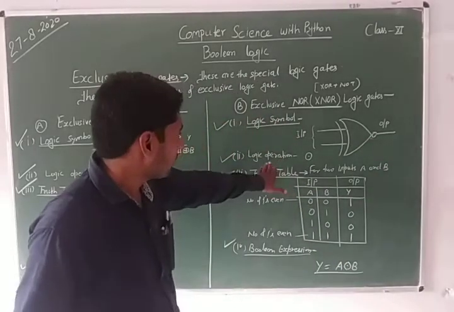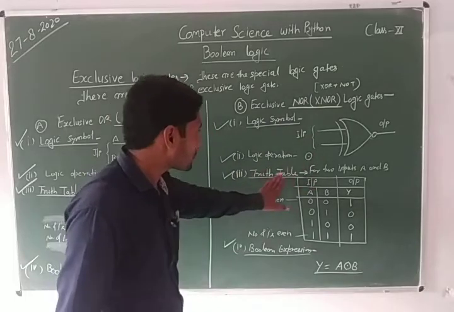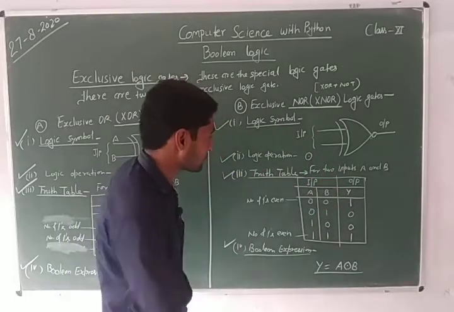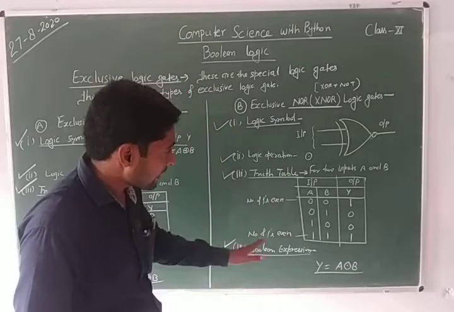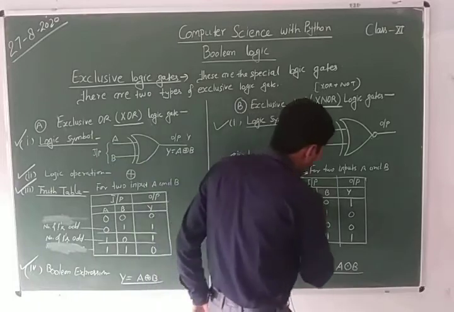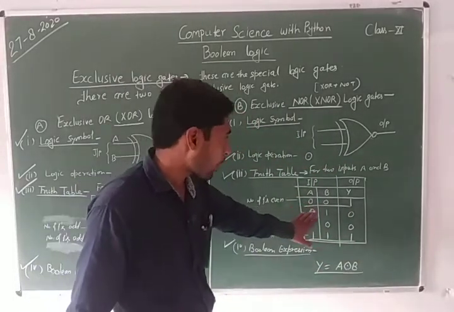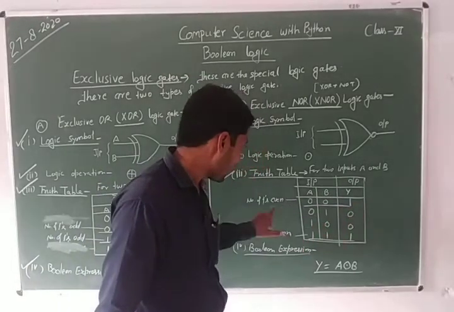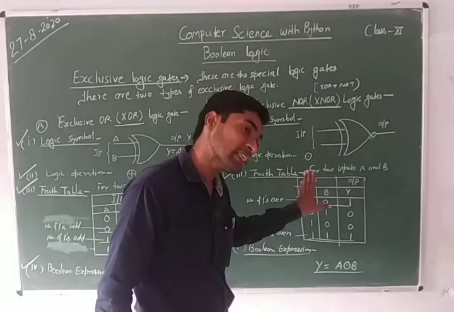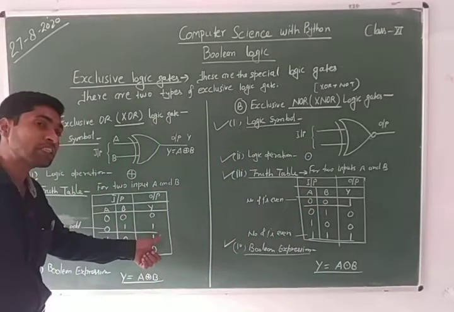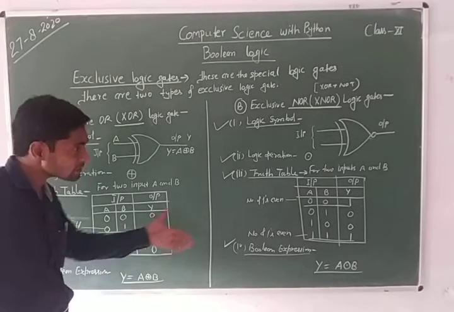The logic operation of XNOR gate is round dot. The truth table of this gate for 2 inputs is this. Here the thing that we need to mind is the output rows. The output of an input combination is 1 where the number of ones is even. In the XOR case, output is 1 where the number of ones is odd. This is the difference.